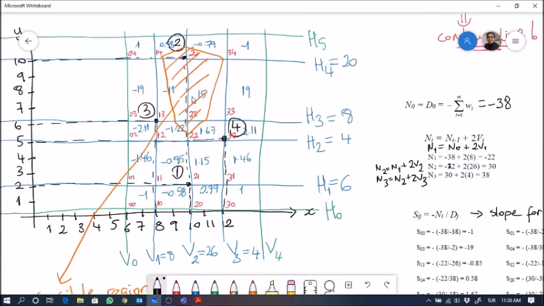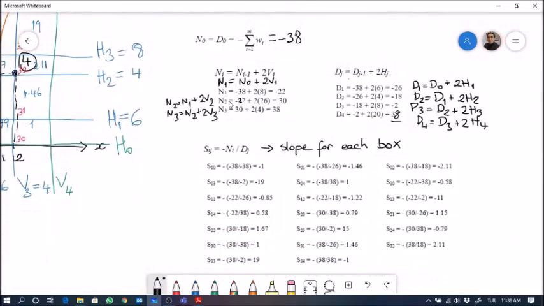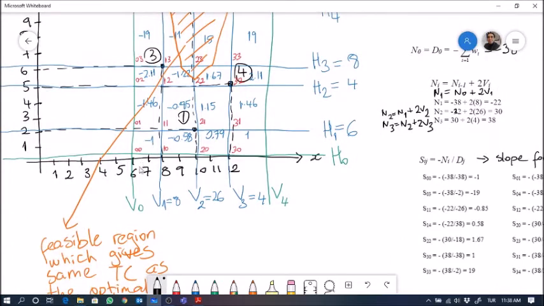The contour line that I need to draw within these boxes will give me the feasible area. So in order to find this feasible area, I need to calculate the slope for each box. The intersection of V0 and H0 is this particular one, and this is the 0, 0 box.